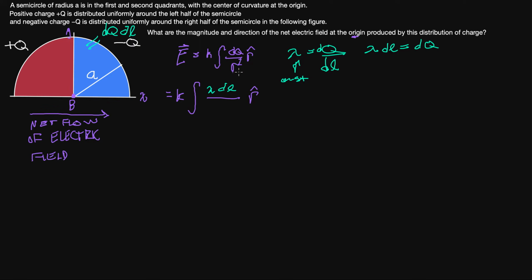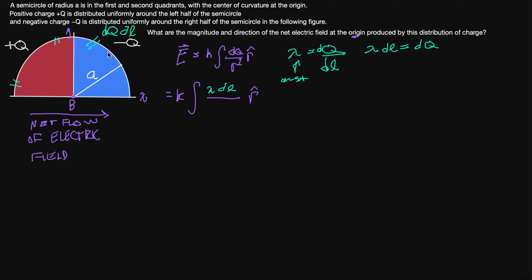And then I also want to talk about this r here, because this is the distance from the point that we are trying to find the electric field about, right? We are trying to find the electric field about this point B from any point dq, which will be along this wire. So dq, I'll just draw it over here, it could be over here or it could be up here, right? So keep that in mind when you're thinking about these types of problems.